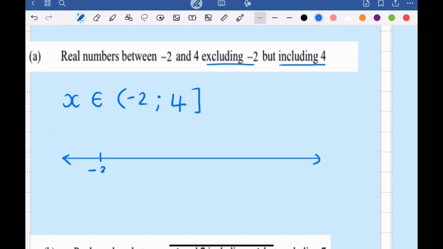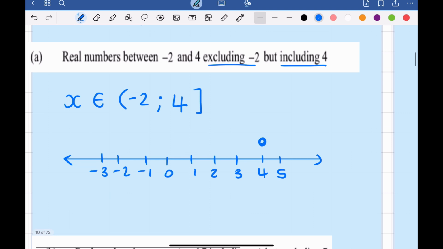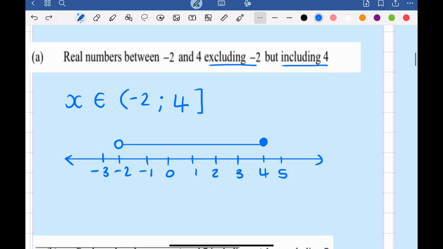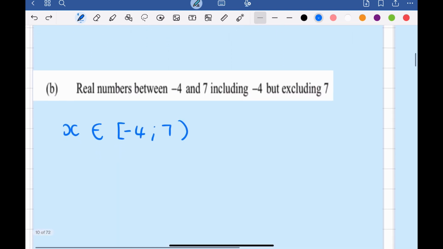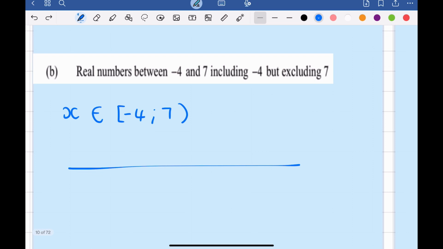So we once again start marking off, at least including one bigger and one smaller than our boundary. 4 is included, which means it's a full circle. -2 is excluded, which means it's an empty circle, and you connect those two. Remember the open circle indicated that it's excluding, and the square bracket indicates that it's including.